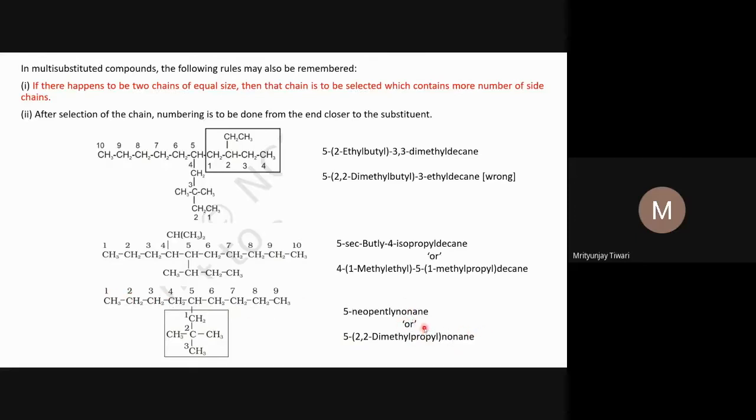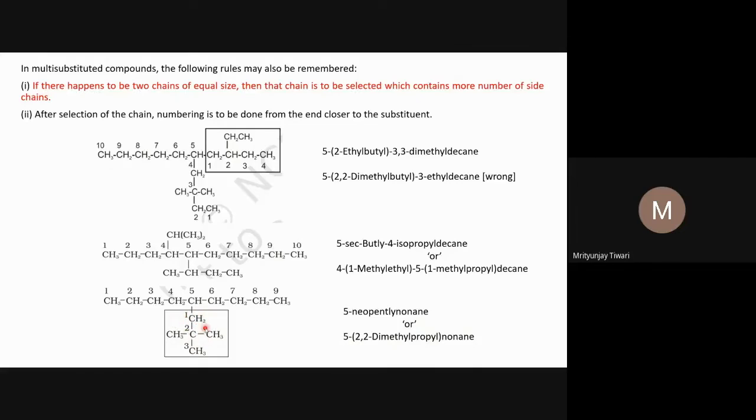So both of these are the IUPAC name of this compound. Two names are coming because of the branched groups that we have used here, and usually we follow this name. This name will be followed because these are branched alkyl groups, and the trivial name of this alkane was neopentane.